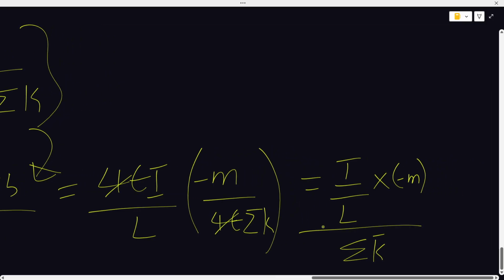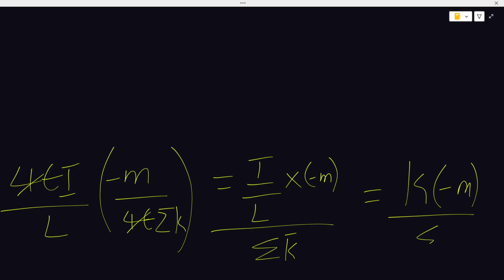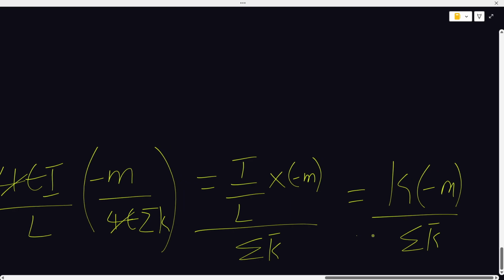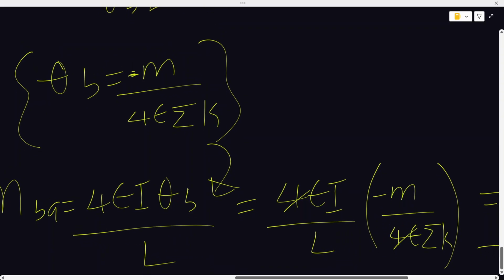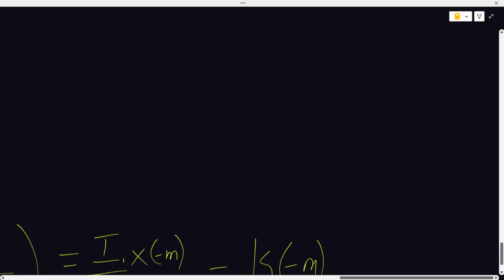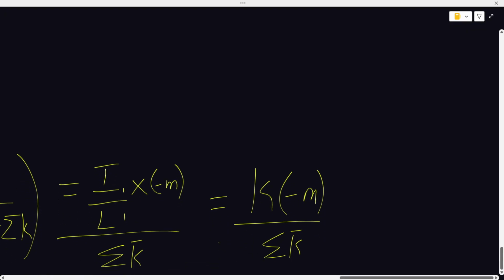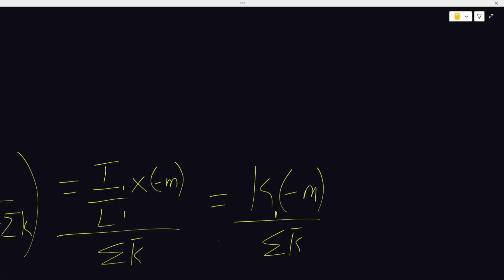So I over L on its own is K, times negative of the moment over summation K. Since it's MBA, it was I1 over L1. If it is I1 over L1, that means we're dealing with K of that particular member AB. So we can either say KAB or KBA, but let's just put K1. Do you get?